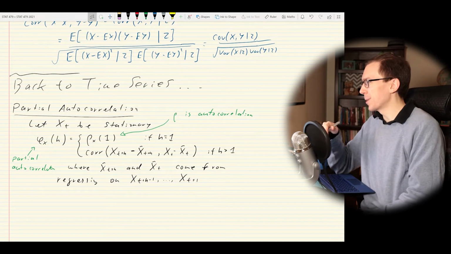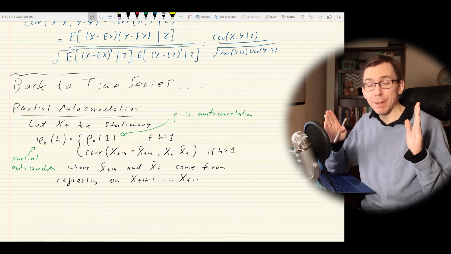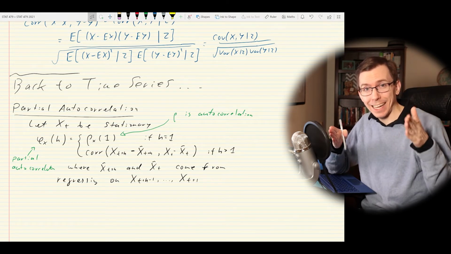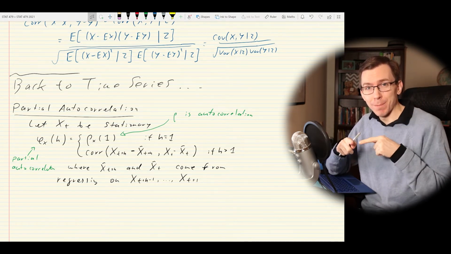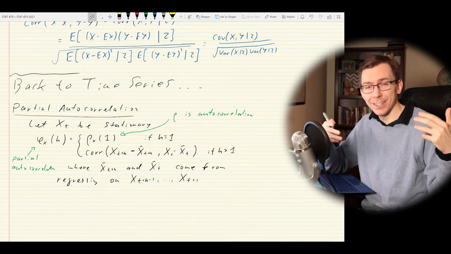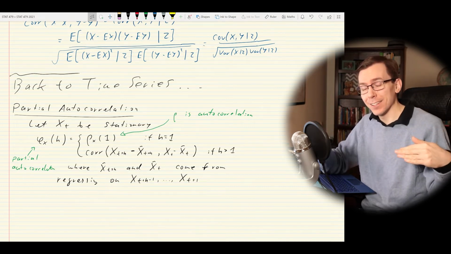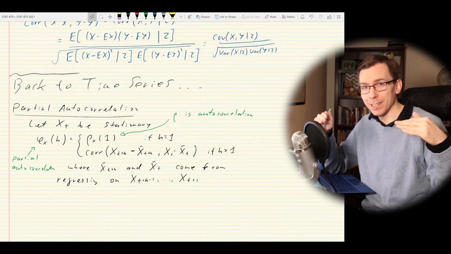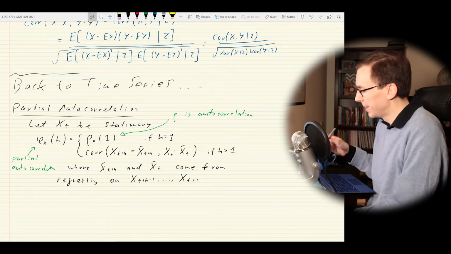So what we're doing is we're taking all of the terms that come in between t and t+h, and we're trying to use them to predict x_t and x_{t+h} in a linear regression setting. Then we take those residuals and we shove them into the correlation function.